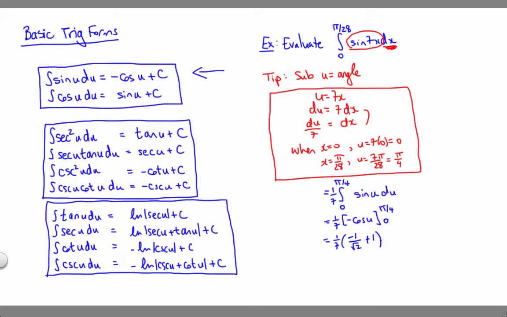Okay, so that's one way of giving your answer, but it would look a bit nicer if we do some rewriting here. So first thing I'm going to do is put the positive term first. So let's write 1 minus 1 over root 2. And as we do that, let's create a common denominator of 2. So let's express the 1 as 2 over 2. And then we'll move on to the 1 over root 2. We're going to rationalize that.